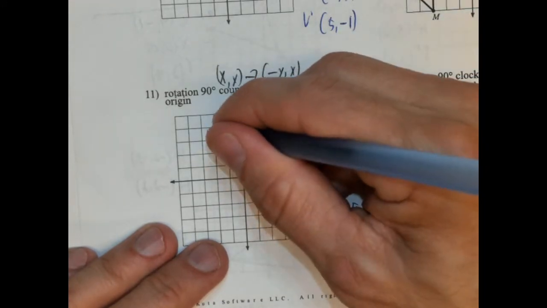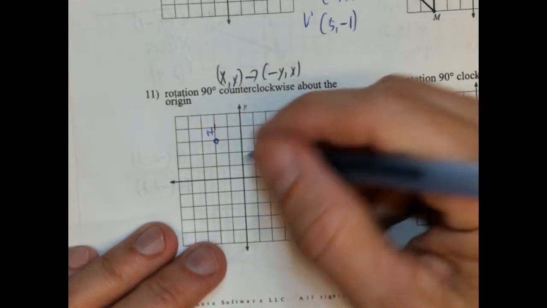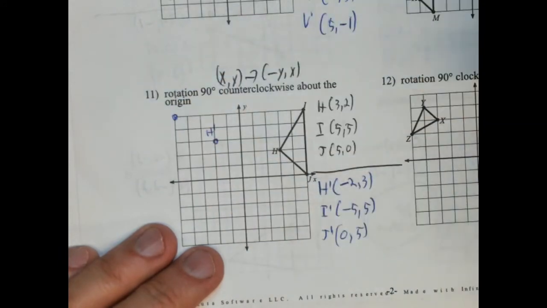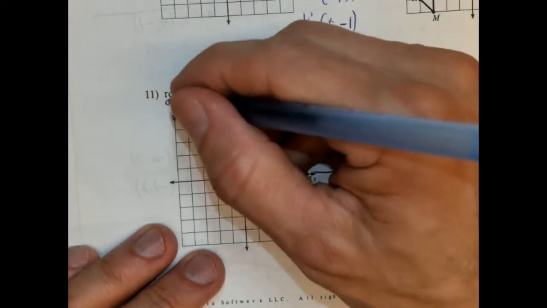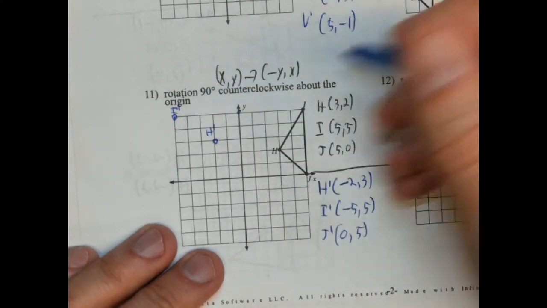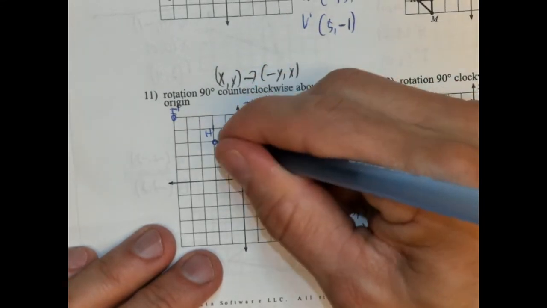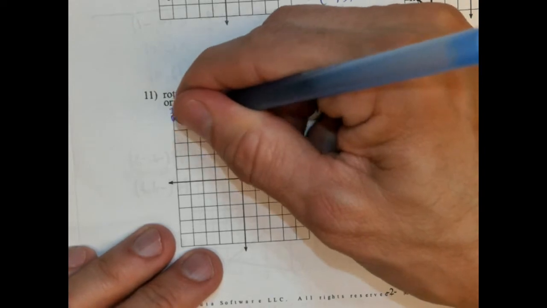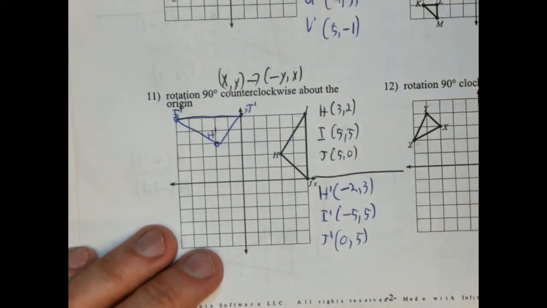That's H prime. Negative 5, 5. And that is I prime. And 0, 5 is J prime. There's the bell. So 90 degrees counterclockwise. Yeah, good. All right, last one.